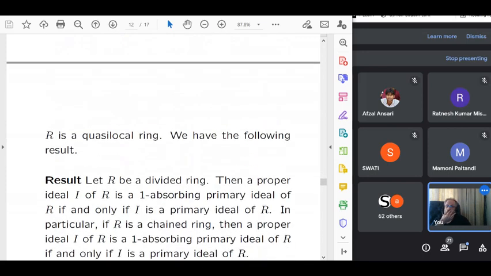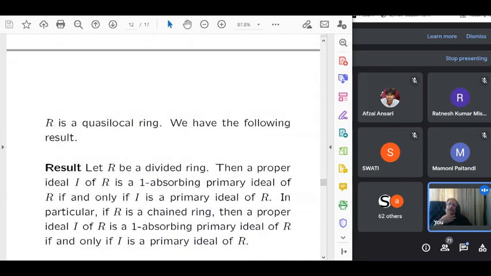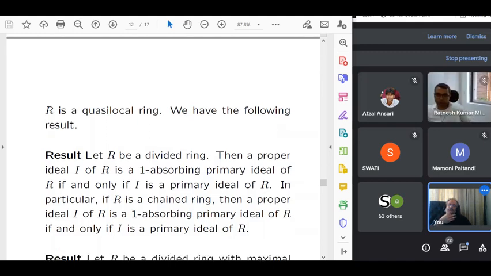Okay, so if you have a divided ring, that's it. Because here is a question you're going to ask me, and this is a very good question.